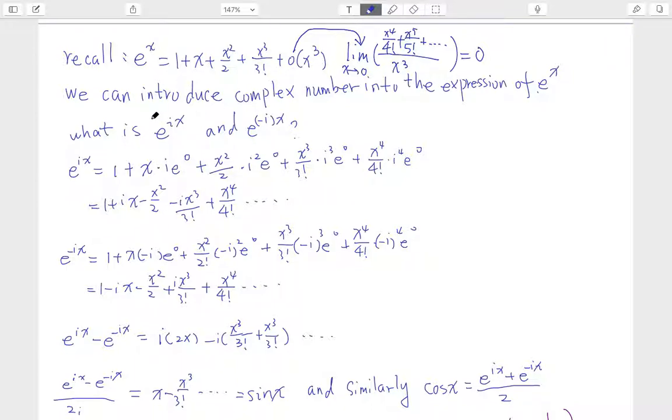And as I have written down here, we can introduce a complex number into this expression and find out what e to the ix, Euler to the ix, and Euler to the minus i times x are. And we define i, a complex number, such that i squared is equal to minus 1.